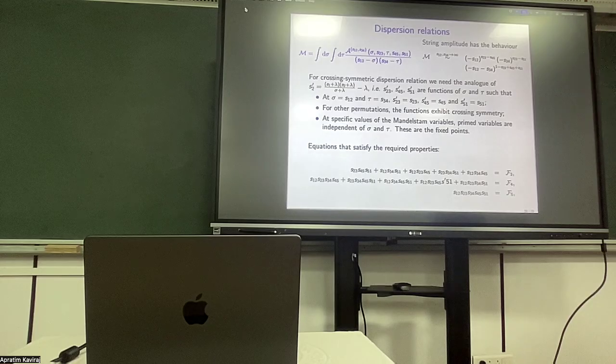Even for fixed lambda, like the analog of fixed t, in the Mellin bootstrap those variables can also be thought of as some kind of cross ratios.